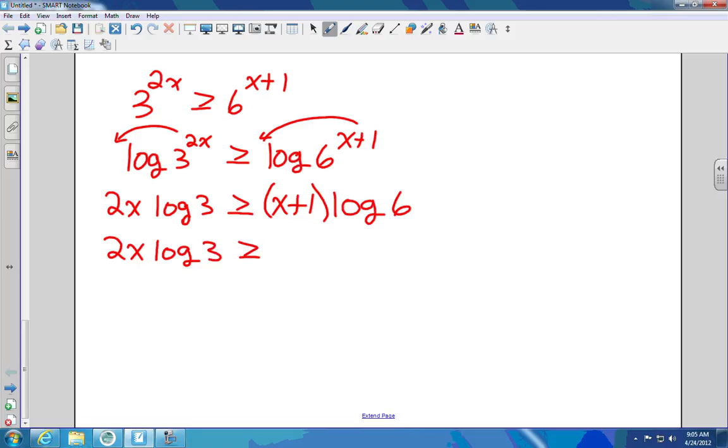What do you do next? Distribute that log 6 in. So we have x log 6 plus what? 1 log 6 or just log 6.